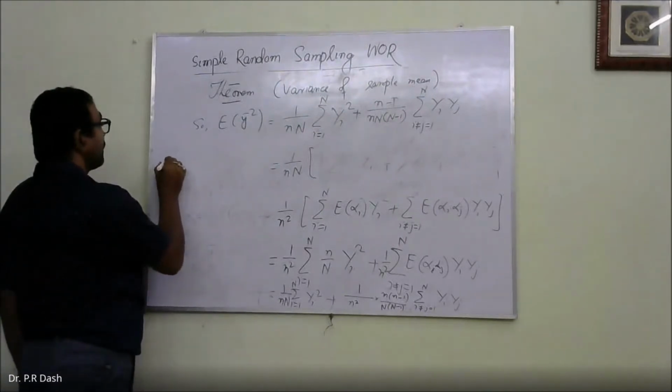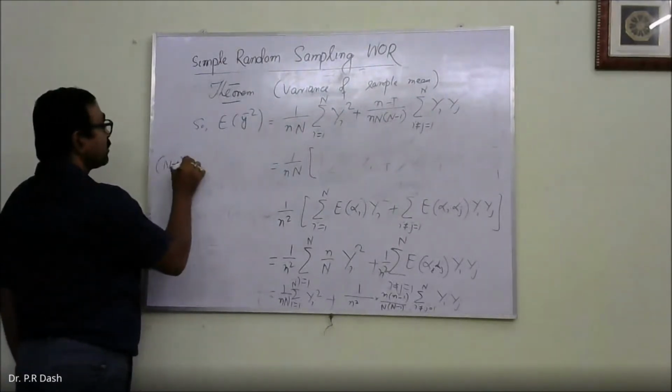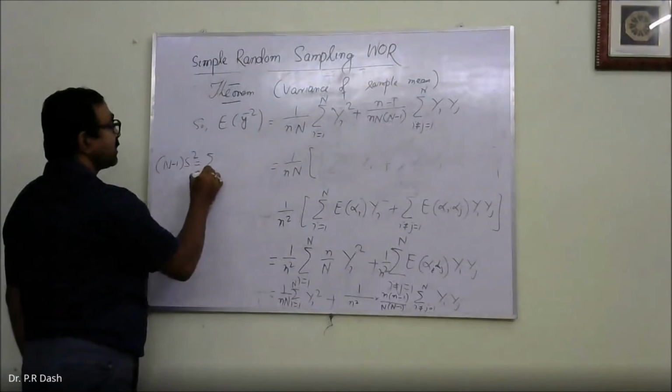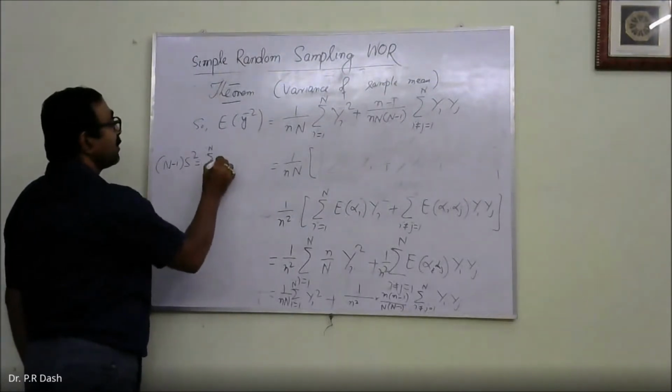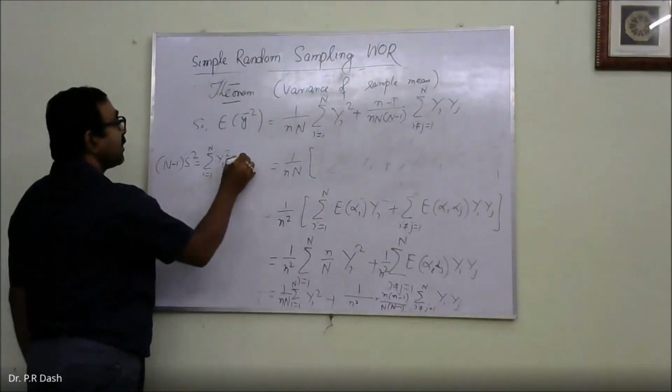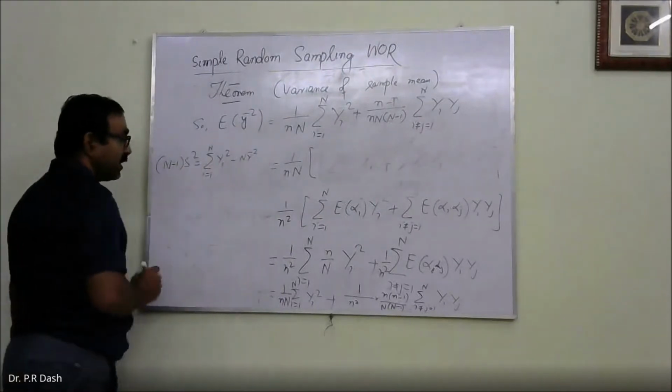Now we have n minus 1 s square equal to summation i equal to 1 to n yi square minus n y bar square.